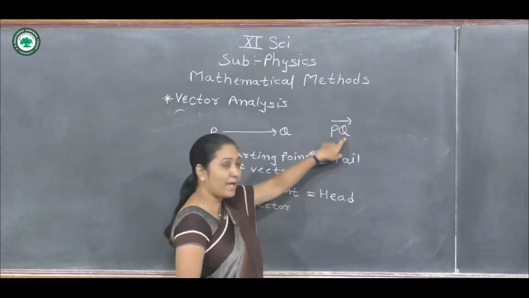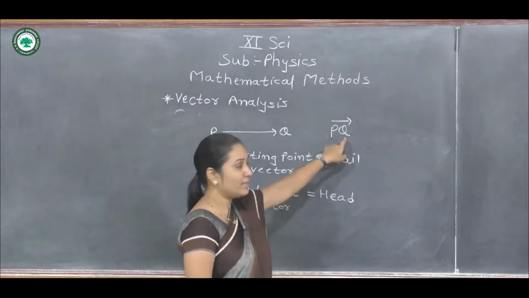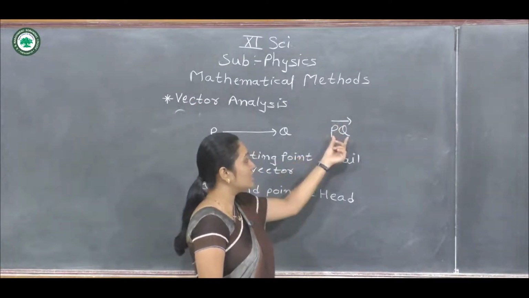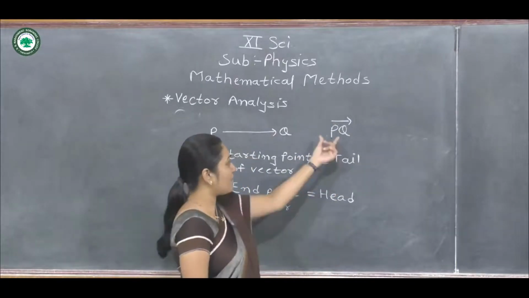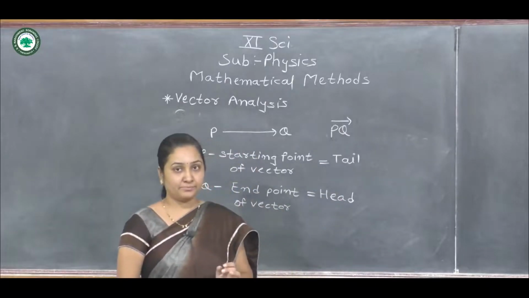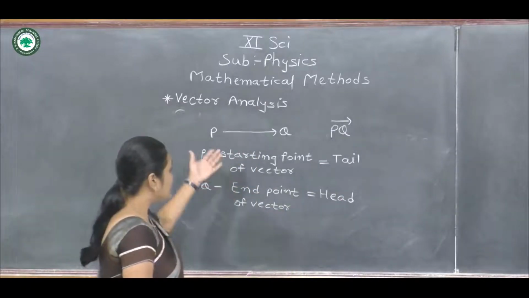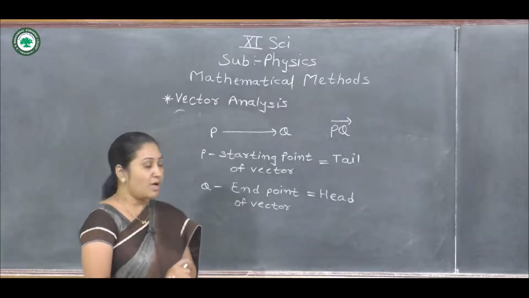This is the end point of the vector or head of the vector, and this arrow shows this is a vector quantity. So it is vector PQ or PQ bar. Now this is the general representation of a vector.